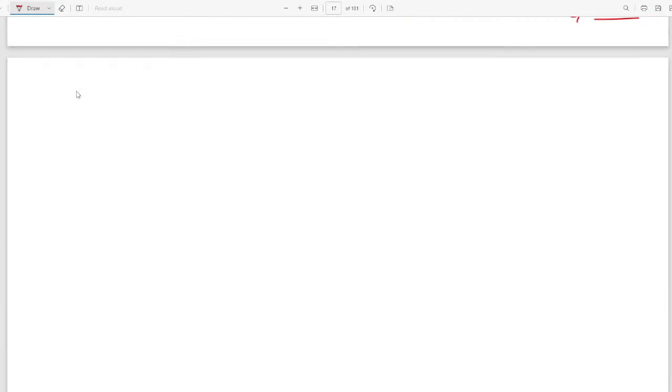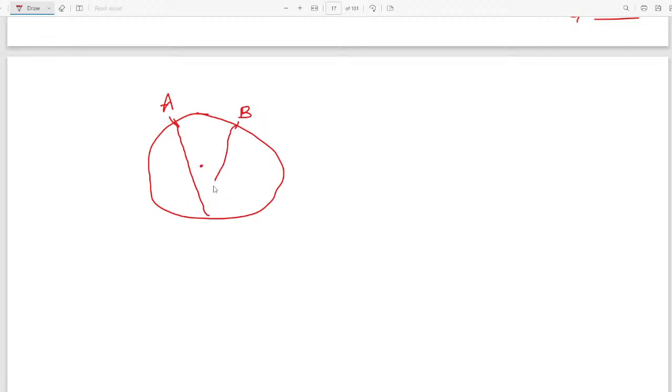There's one more property of a circle. If there is an arc AB, and AB subtends an angle on the circumference, let this be a point C. If this angle is theta, then the angle at the center of the circle would be twice theta.